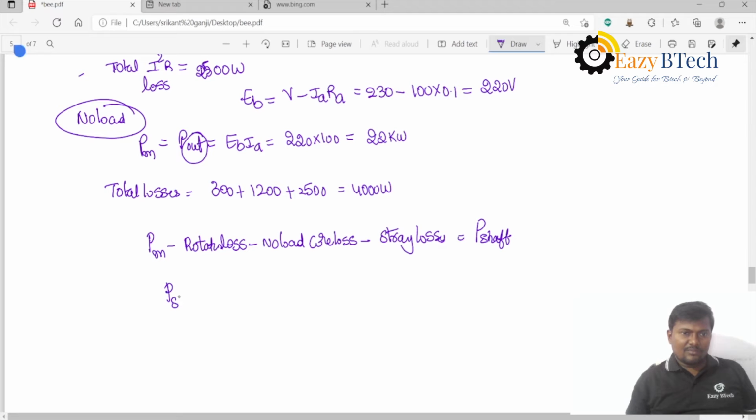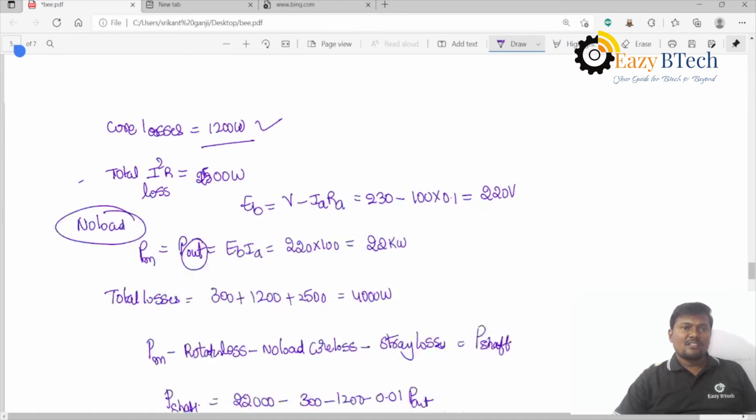The shaft power is equal to 22,000 minus 300 minus 1200 minus 0.01 times P output. What is the stray losses given?